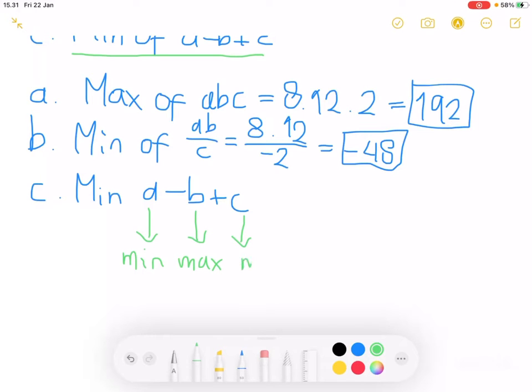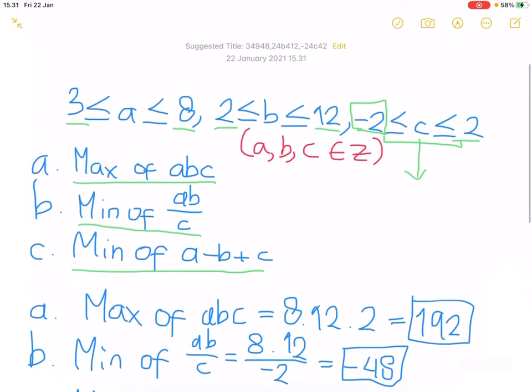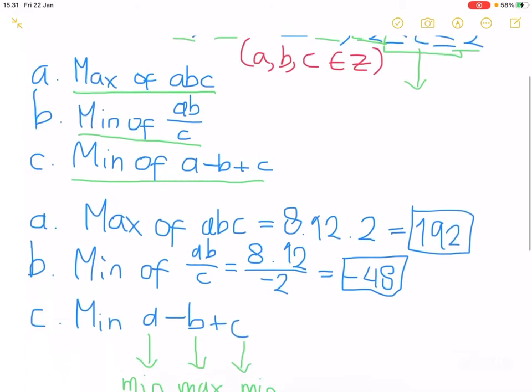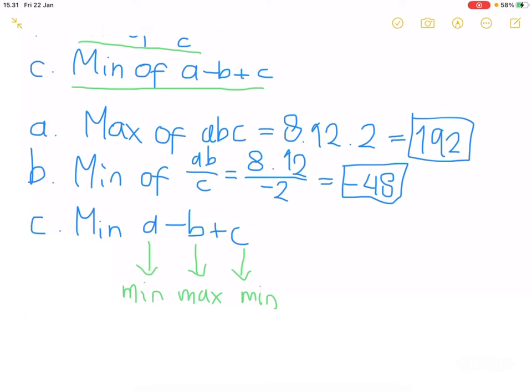Well, C must be a minimum, because if this was the maximum, we're going to have a pretty high value, which is not what we want. However, C can also be negative because of our interval right here. We have negative 2. So therefore we can just clean things up.